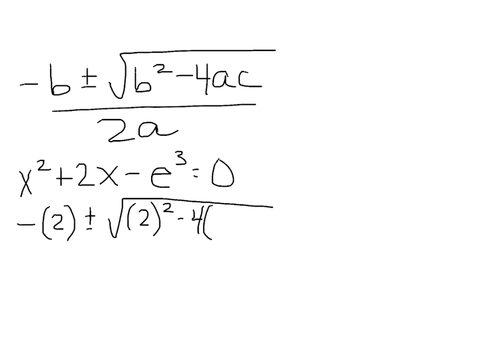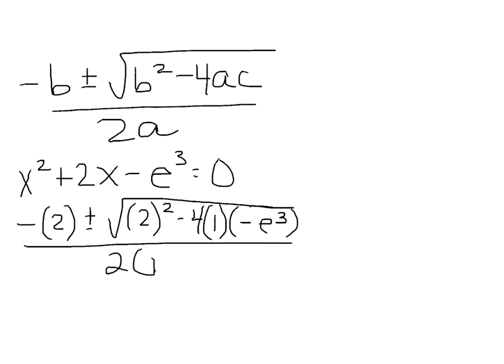What number is in the a slot? 1. And what's in the c slot? Negative e to the third. Again, as I mentioned, it's not very user-friendly, but this is where we're going to use a calculator now to type it all in. Okay?